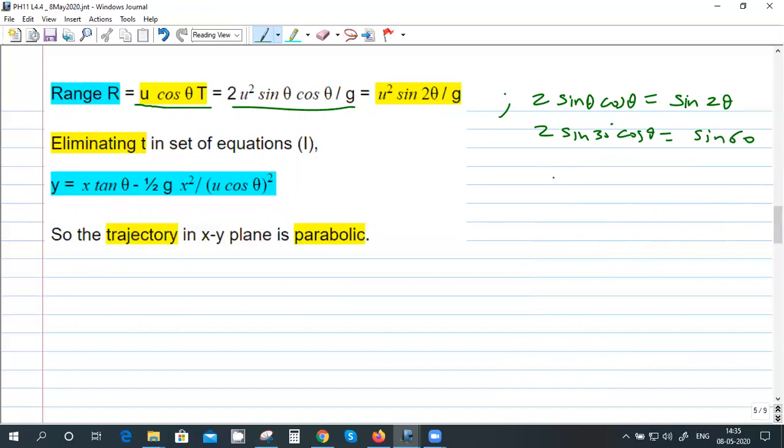Sin 30 is half and cos 30 is root 3 by 2, so this gives root 3 by 2, and sin 60 is root 3 by 2. This is true for this particular example, but it is a general result: 2 sin theta cos theta equals sin 2 theta. You will learn later why that is true.